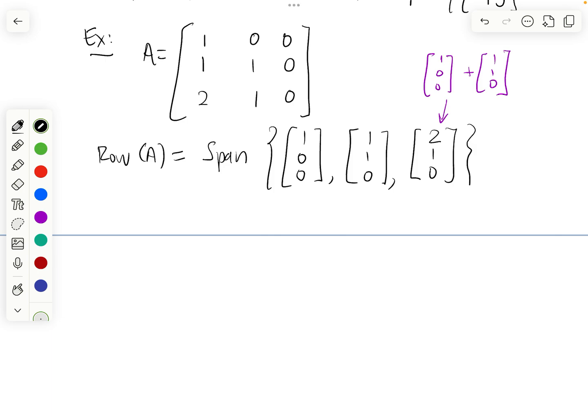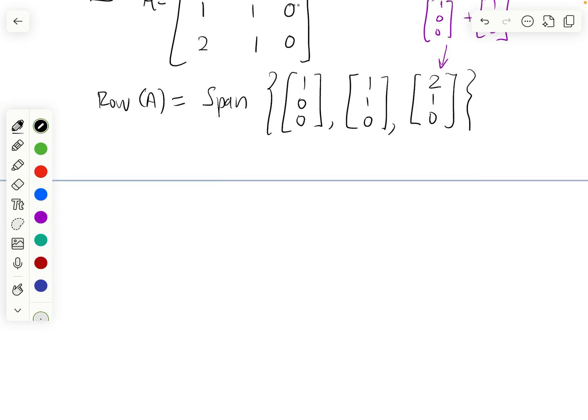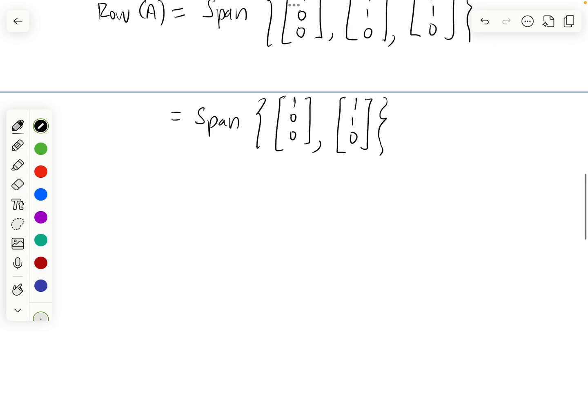So we can remove it from our set that we're going to span, and then the span doesn't change, right? Because this vector was a linear combination of these two, and so the row space of A is really the span of 1, 0, 0 and 1, 1, 0. Now these two vectors are not parallel to each other, and so they're linearly independent. And so the row space of A is this plane that's spanned by these two vectors.